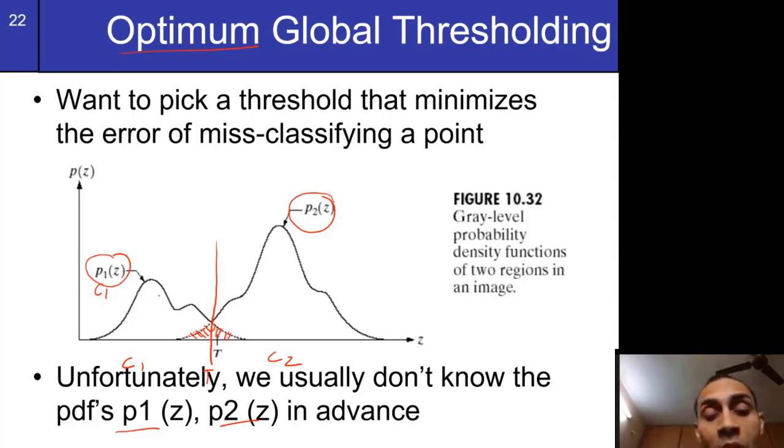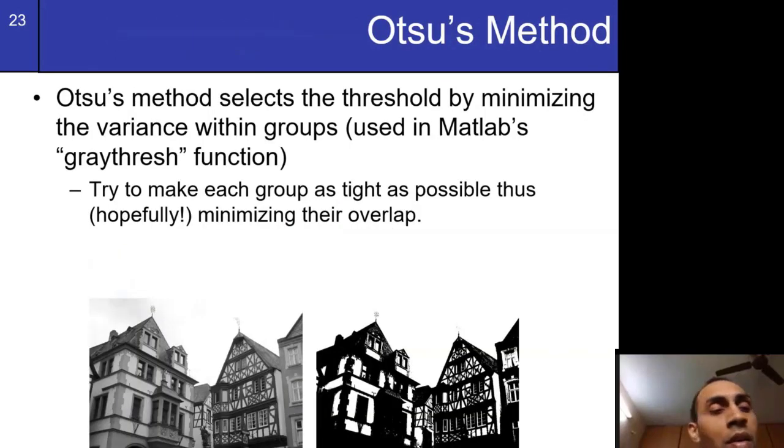But most of the time we will not know these distribution functions because we don't know the regions. Once we know the regions, we can get their PDFs using their histogram, but we don't know a priori where the regions are.